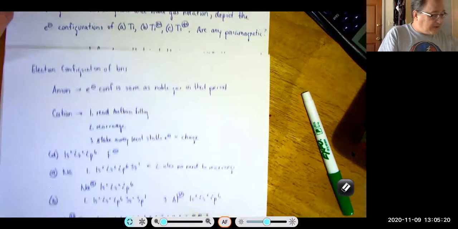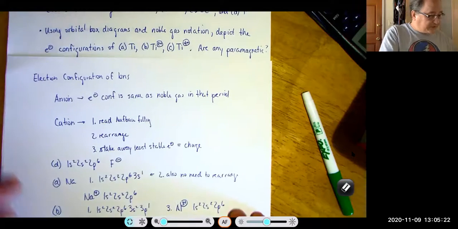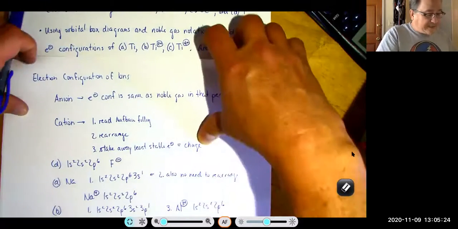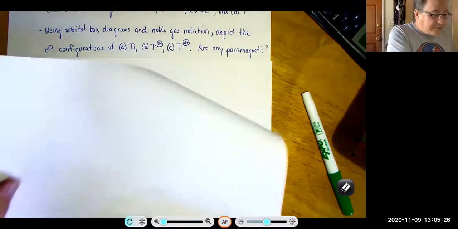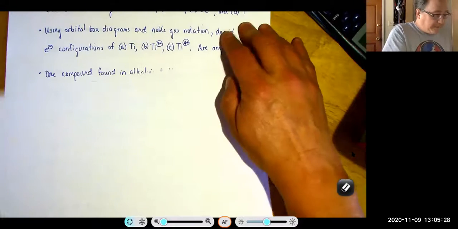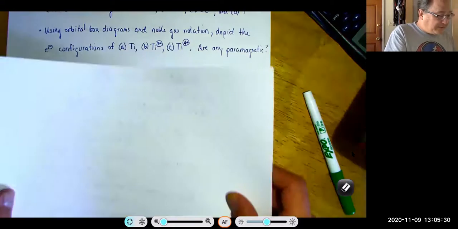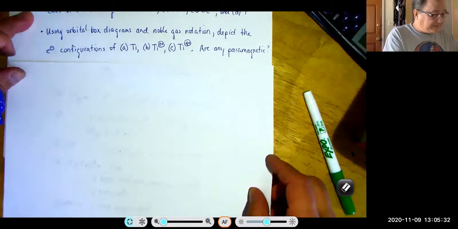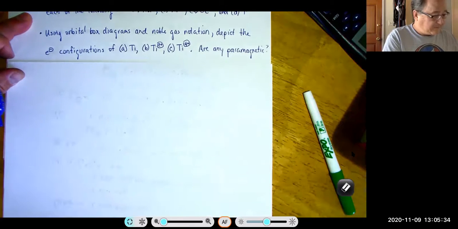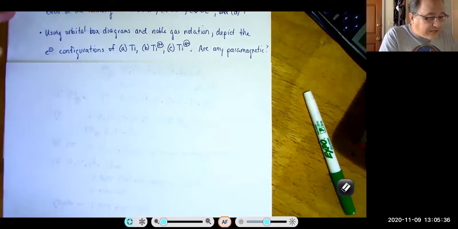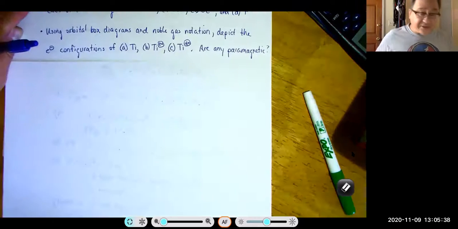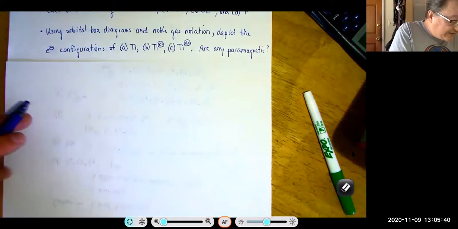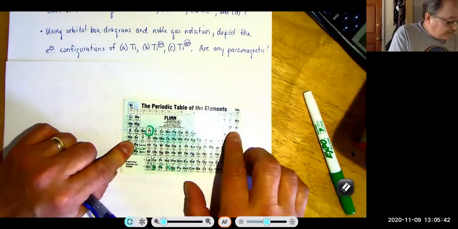Okay, so here, why don't we try this for titanium, titanium 2+, and titanium 4+. Let's get the electron configurations of these bad guys. So here, notice they say orbital box notation, so we get to start at argon.